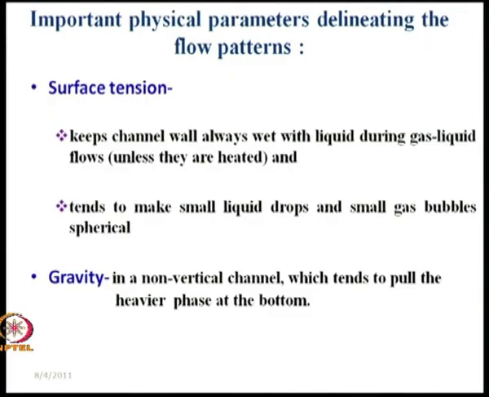This you must remember. This does not again hold when it is a liquid-liquid flow. There we get some other interesting situations which we will be discussing shortly. Okay. But for gas liquid and vapor liquid cases, surface tension plays two roles. First, it keeps the channel wall wet with liquid during gas liquid flow, and second, it tends to make small liquid drops and small gas bubbles spherical.